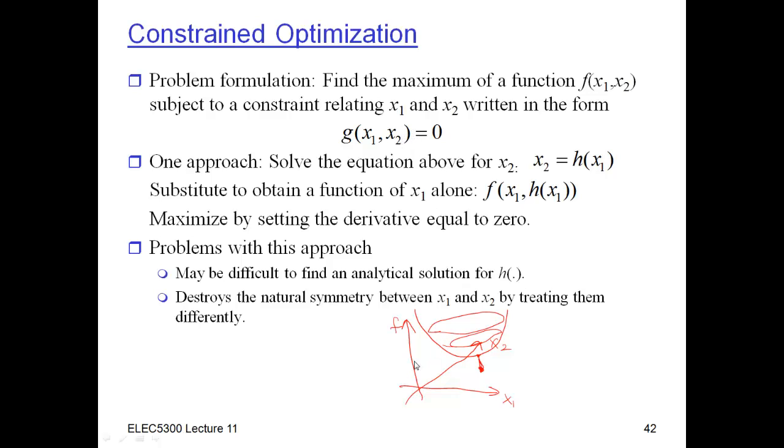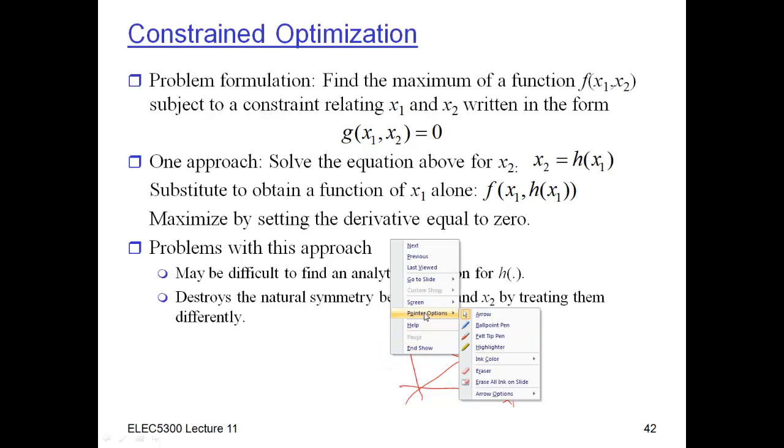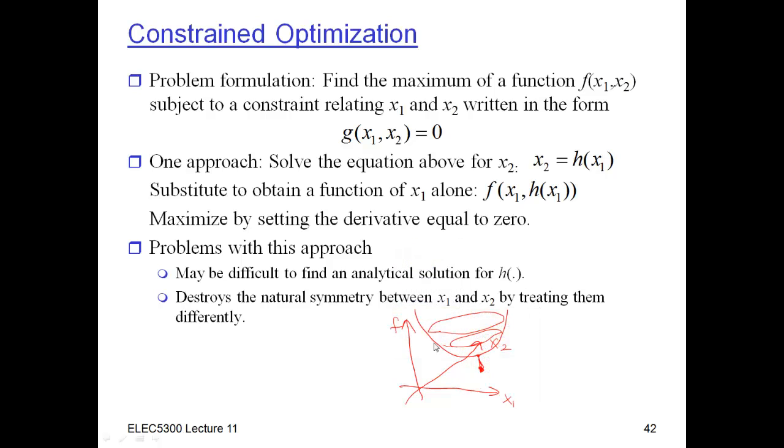That might be a line in the x1, x2 plane, or a curve, but let's just draw it like this. Even though I'd like to minimize at this point here, I can't, because I have to stay along this line. This line is the constraint where g of x1 comma x2 is equal to 0.